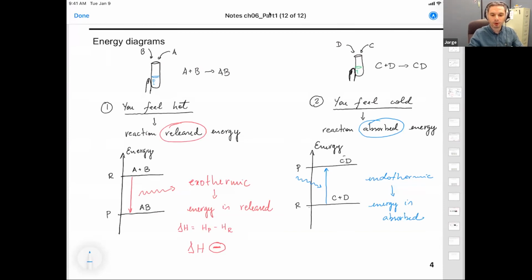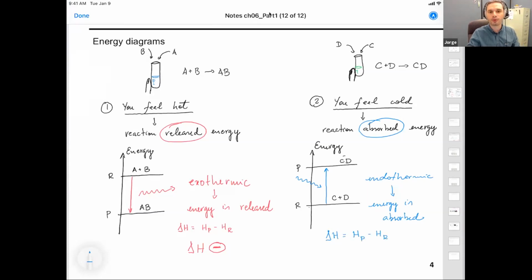And here we are going to do the same thing that we did for the exothermic sort of reaction. We have to be able to predict the sign of delta H. Delta H is the change in the energy of the system and is defined as the enthalpy of the products minus the enthalpy of the reagents.